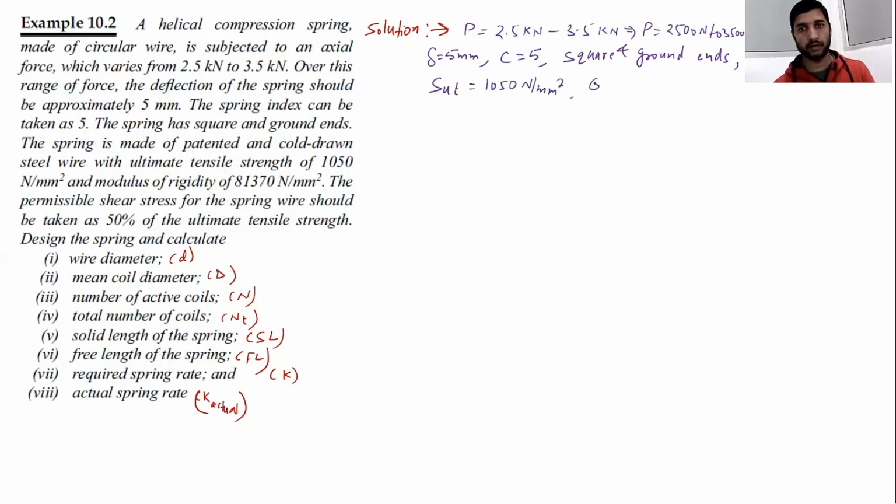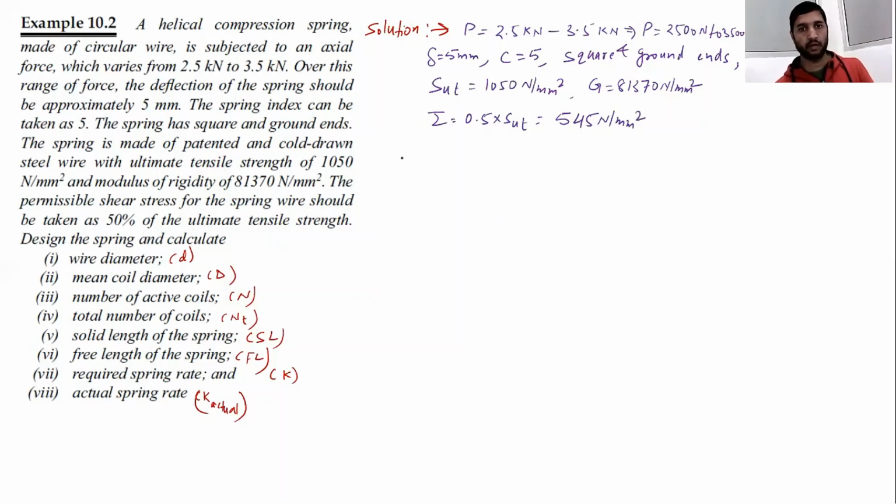Modulus of rigidity is also given. And permissible shear stress is 50% of SUT. It is given. If it was not given, it is understandable that it is always 50% of ultimate tensile strength, and its value is coming 545 Newton per mm square.